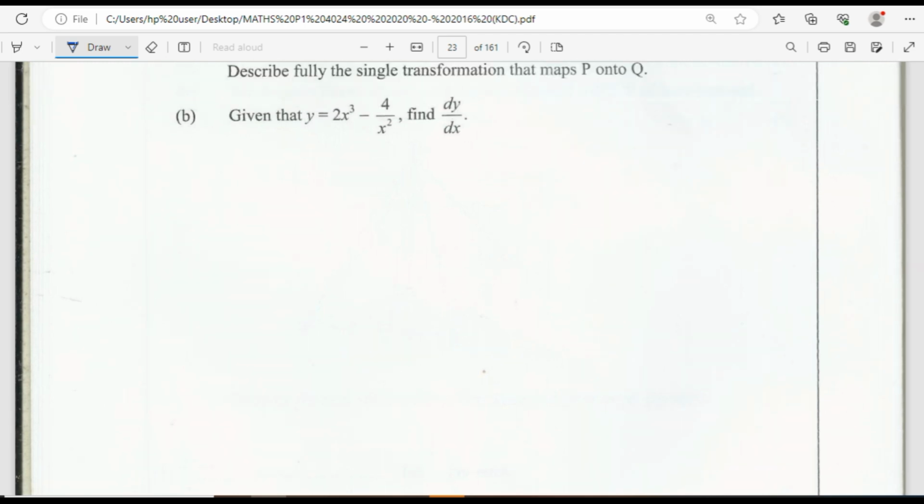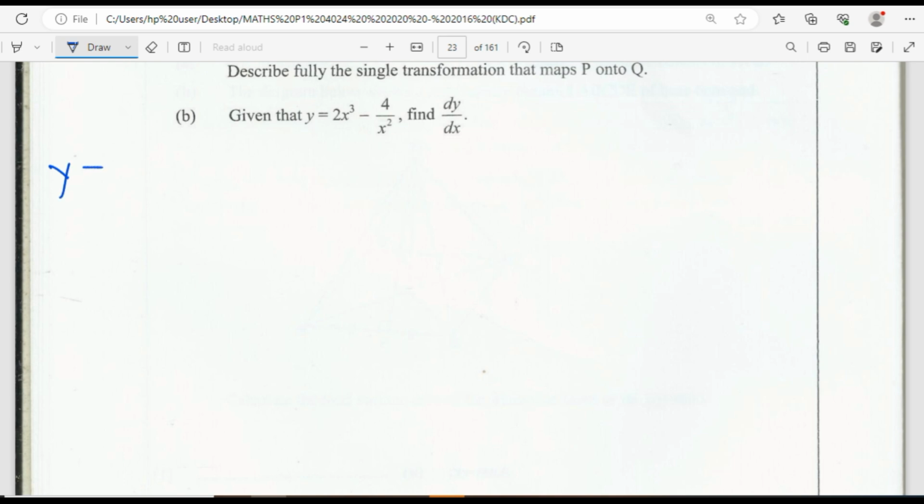question B. Under question B we have a calculus question, and the calculus part that we need to use here is the differential, because it says differentiate. So we need to have the differential. Now before we differentiate, let's write the equation.